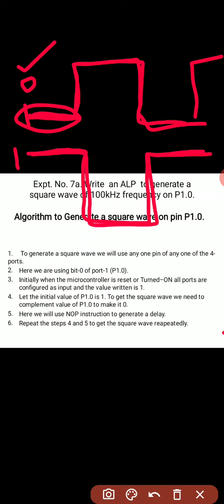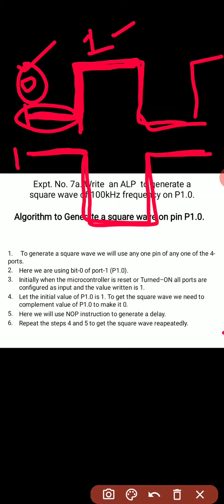Then we are going to complement the value of this 0. After complementing, we will get 1, so it will make a transition from 0 to 1. Then it is going to stay high for a certain time, and the same operation is repeated to get a square wave.